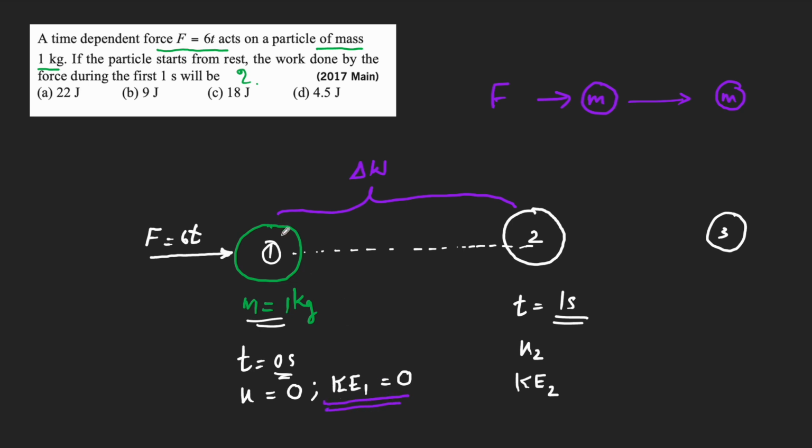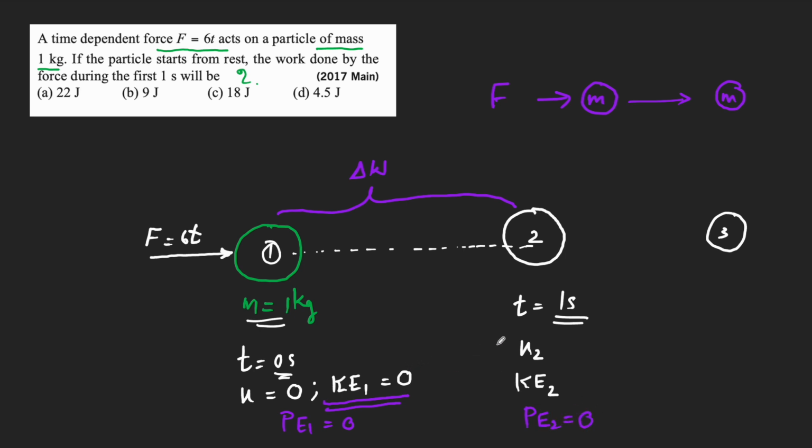Let's suppose the mass is moving on a horizontal ground plane, so we don't have to be bothered about the potential energy. You can take potential energy at 1 as 0 if we take this as the reference. Similarly, potential energy at 2 will also be 0.